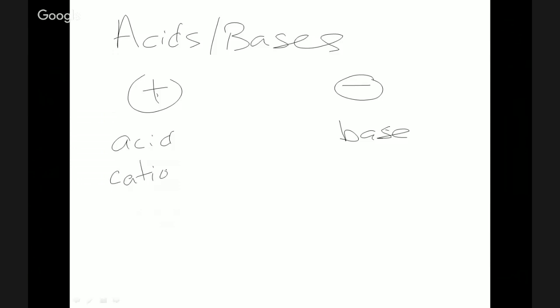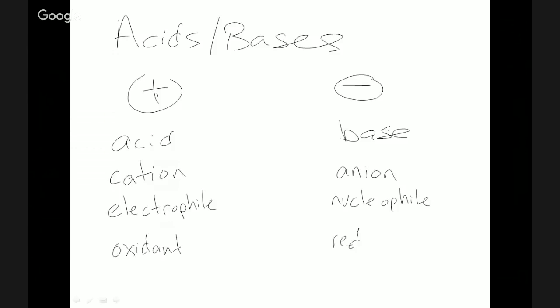They're not all synonyms, but cation, anion. Some of these you've heard before. We'll introduce some other terms along the way called electrophile, which means electron loving, and nucleophile, which means nucleus loving. And we'll see much later in the course oxidant and reductant. That's far less important, but these are just some terms.